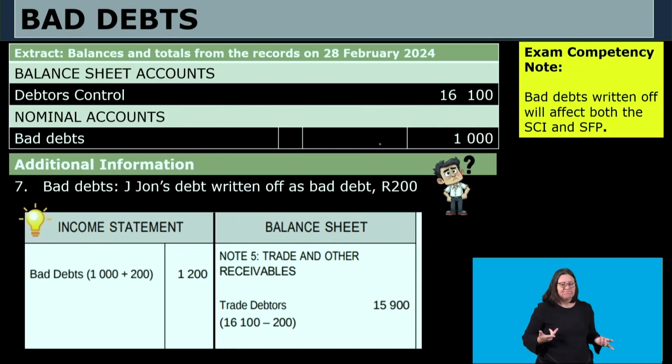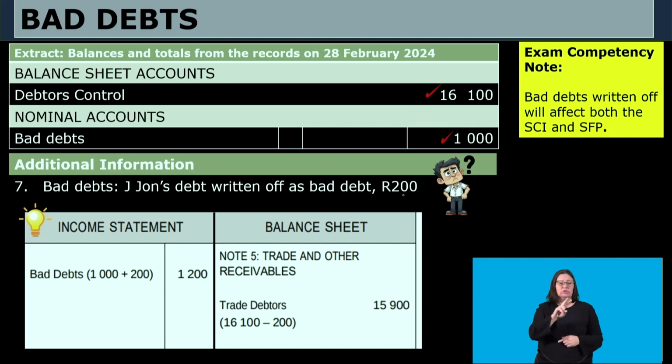The information that we're provided with from the balances and totals, we are given debtors control of 16,100 and we have bad debts of 1,000. The additional information then reads, J. Jones' debt will be written off as a bad debt, 200.